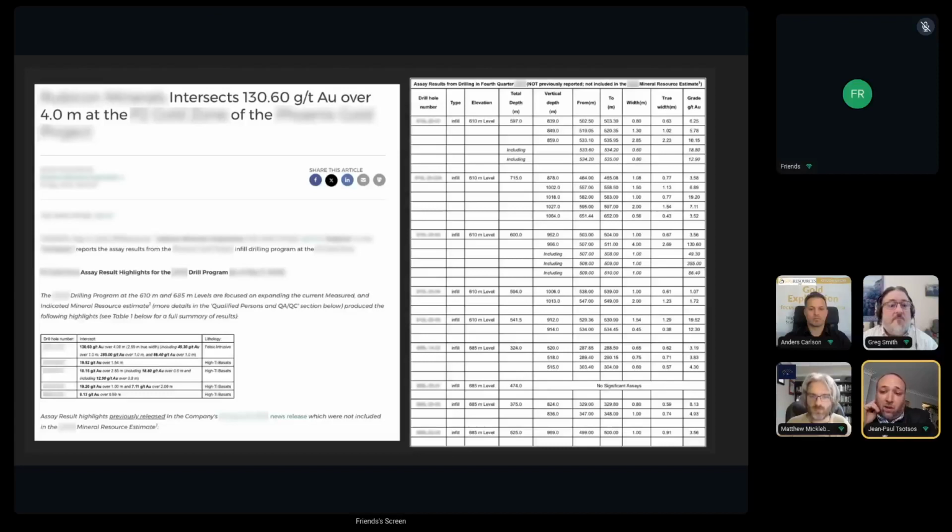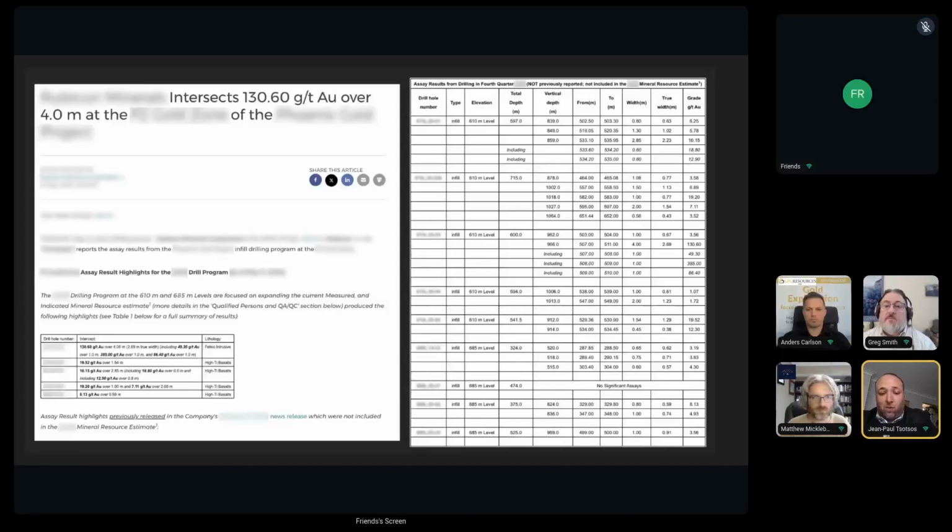So it's probably a mine or an operation that was a mine at one point. And then they have true thickness and they also have the width of the mineralization, just keying off here that the width in most cases should not be less than the true width. And just looking at the numbers here, that seems to be the case. It seems like they've got a good idea of what the true thickness is here.